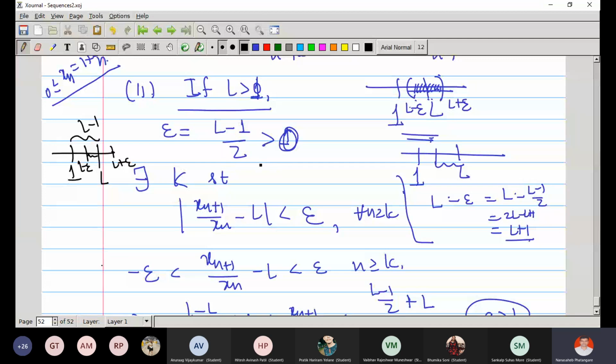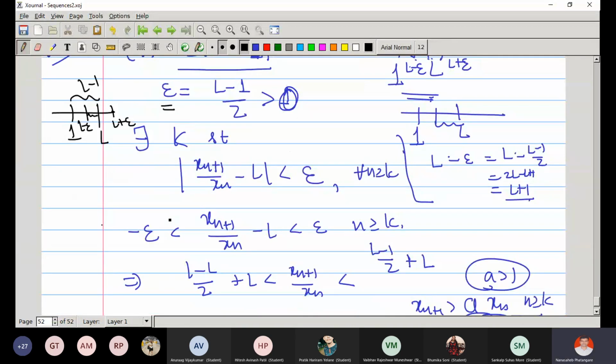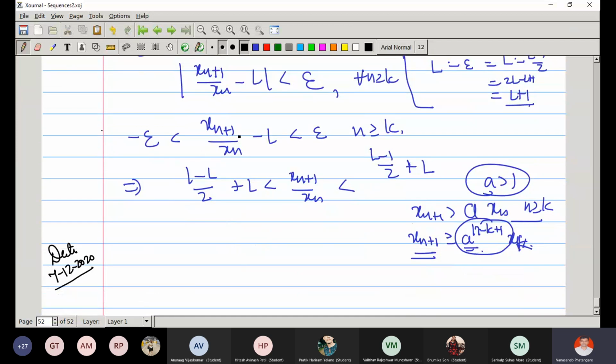Then the limit of xn plus 1 upon xn is L, so for this epsilon there exists k such that the distance between xn plus 1 upon xn and L is less than epsilon for all n greater equal k, right? That means minus epsilon less than xn plus 1 upon xn minus L is less than epsilon.